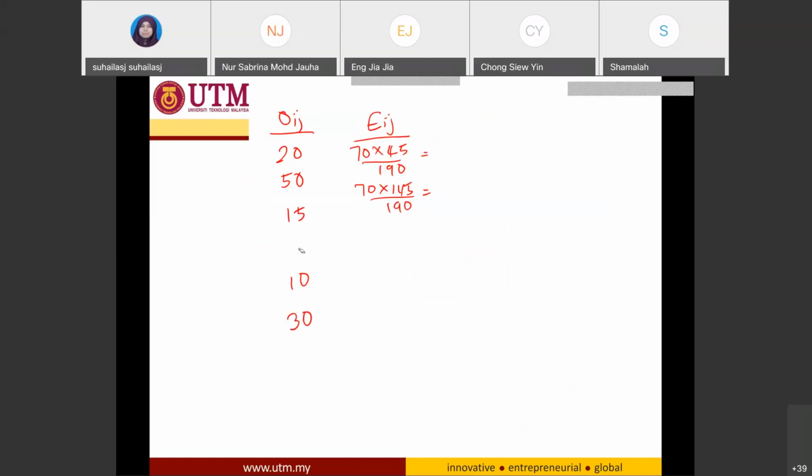Try to find the value. Find the expected frequency. And then you have your 15, after 15, 65.